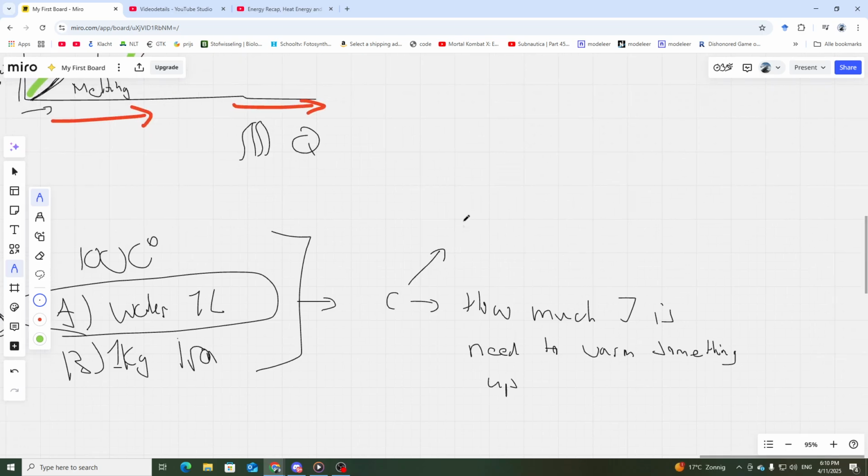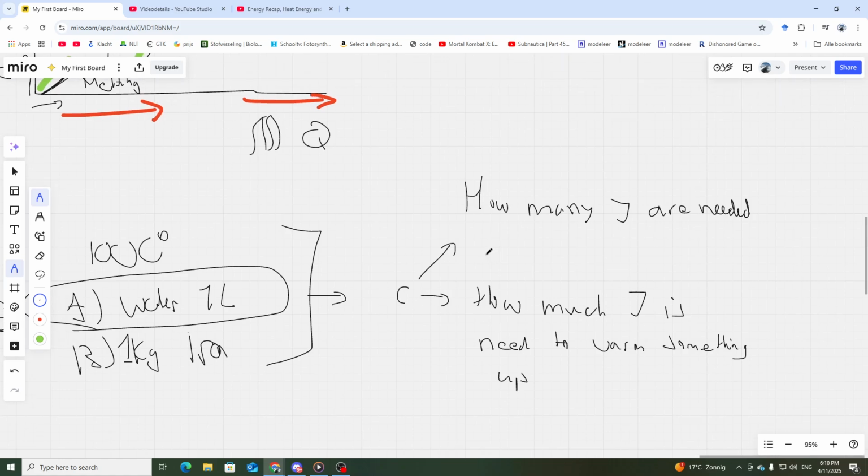The scientific one would be how many joules are needed to raise the temperature of 1 kilogram of our substance by 1 degree. That is what it means.